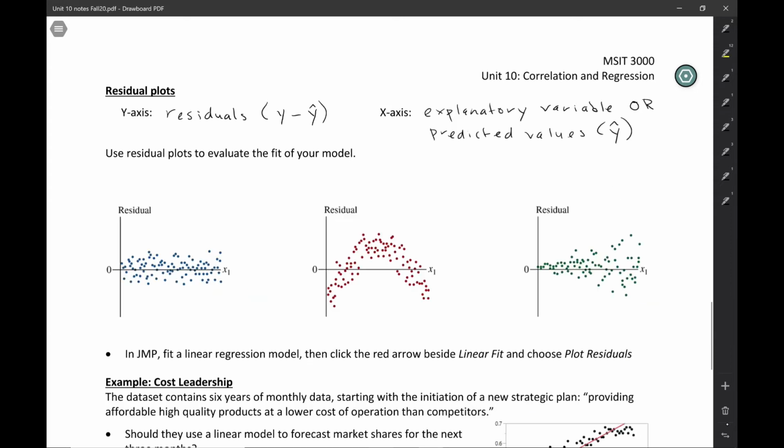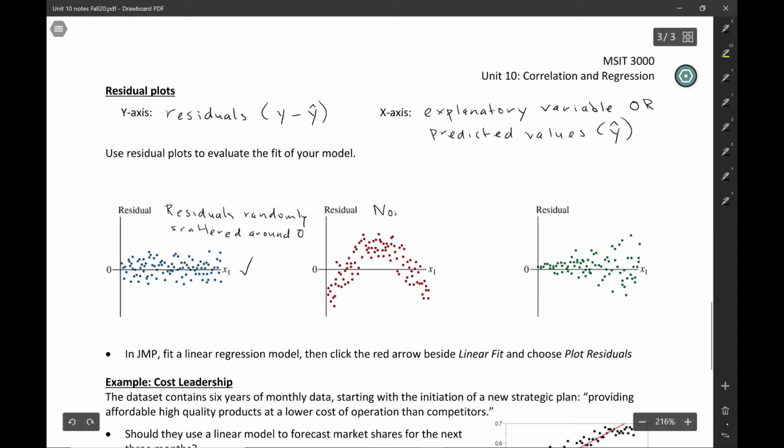And once we have that residual plot, what we want to see is the residuals randomly scattered around 0. So this one where we just have a random scatter of points is actually a good residual plot. This one looks good. What we don't want to see is something like this where we have a distinctive curved pattern. That would indicate that you have a non-linear relationship, right?